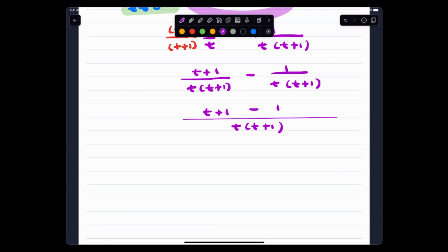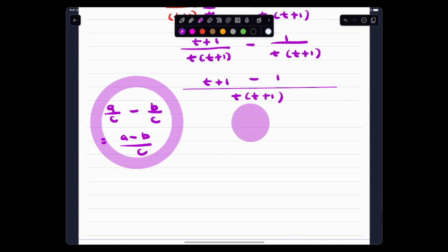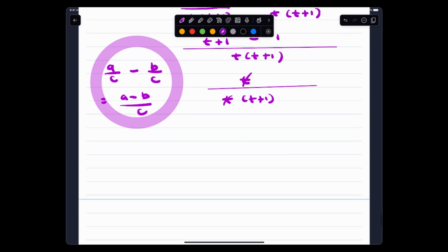If you want to see an algorithm, is a over c minus b over c isn't that a minus b over c? And so t plus 1 minus 1, isn't that going to be just what? What do you get? T over t times t plus 1. What happens with your t's? And you just get what?